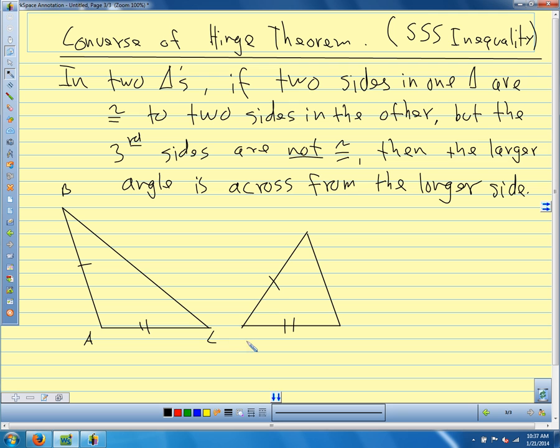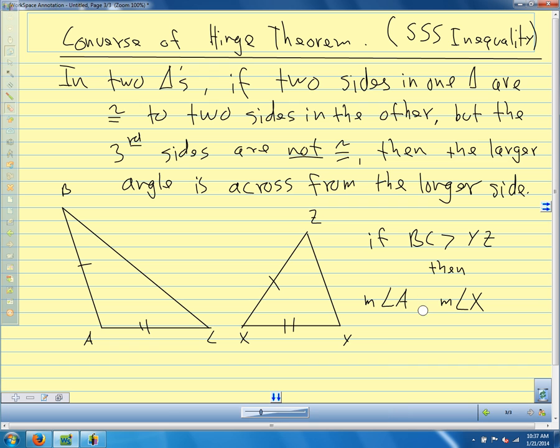So we label these ABC and XYZ. And what we're saying here is if we know that side BC is larger than side YZ, then the measure of angle A has to be larger than the measure of angle X. Same idea.